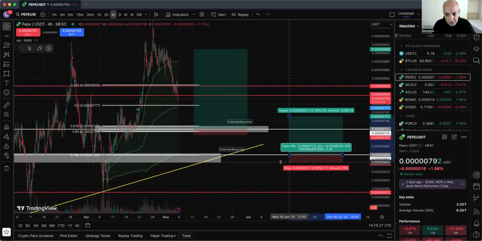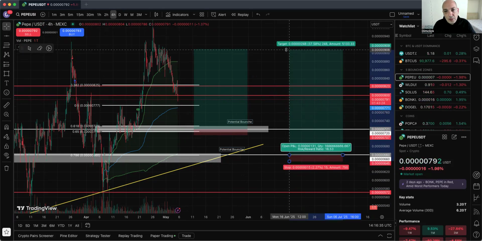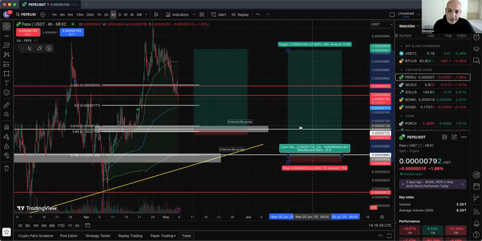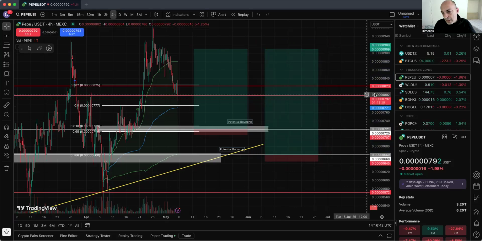You see, I put my stop loss under these wicks here to protect myself, and a potential trade with 37%. So here you can see all the prices, and you can take your trade with me if you like.